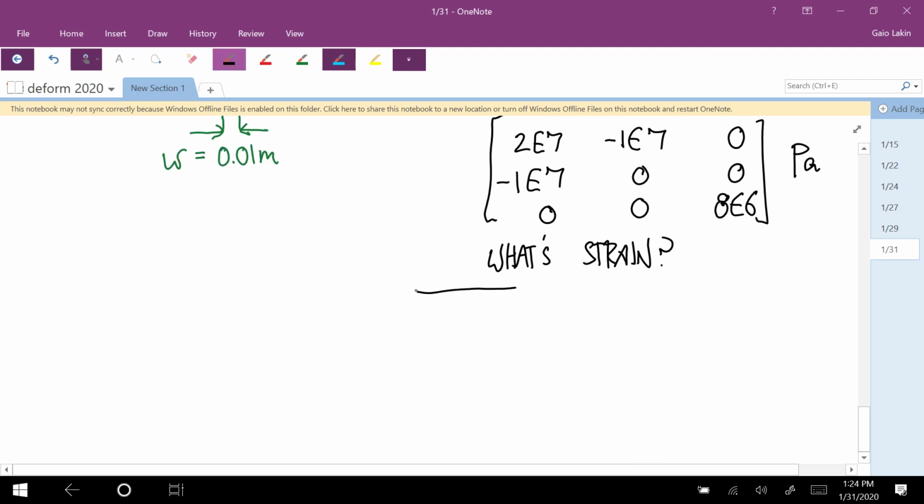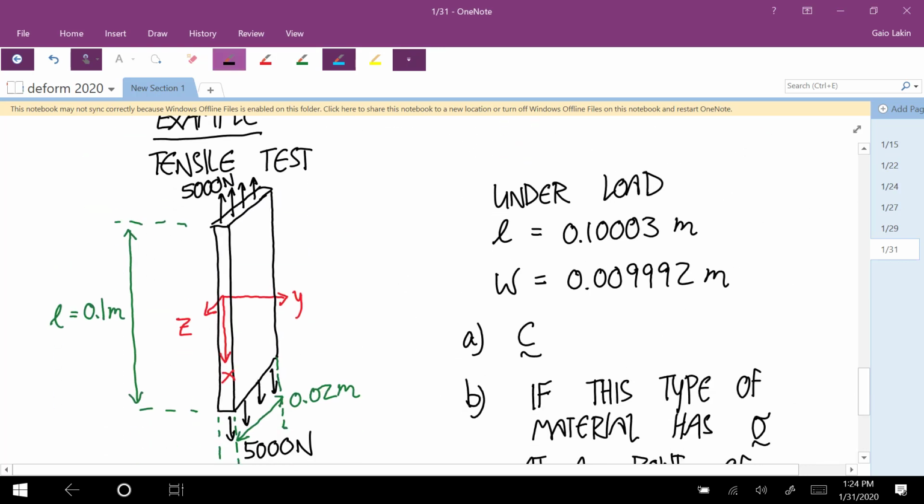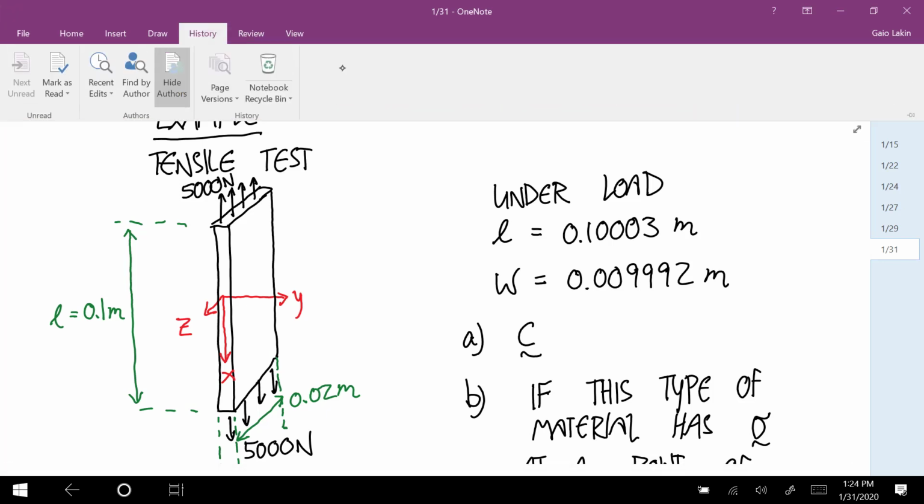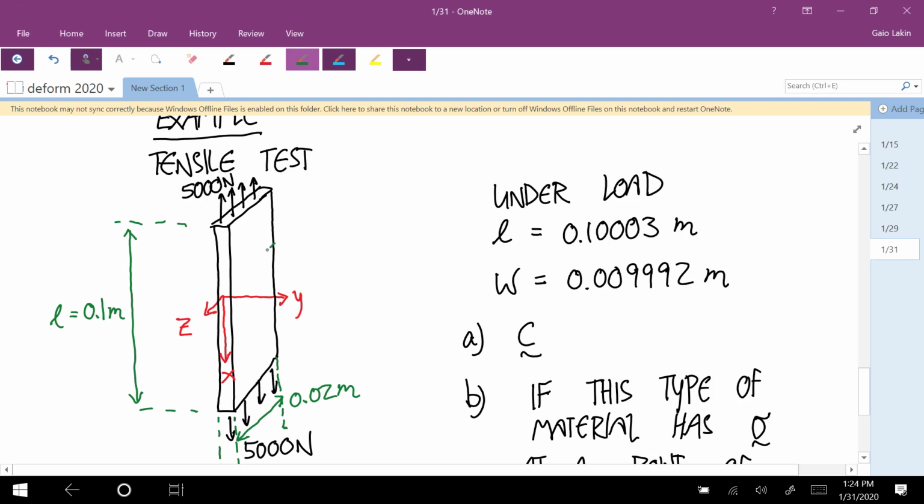All right, so for part A, the XX stress is 5,000 divided by the cross-sectional area. So the cross-sectional area here is the 1 centimeter times the 2 centimeters. Are you with me on that? We're talking about this area here.